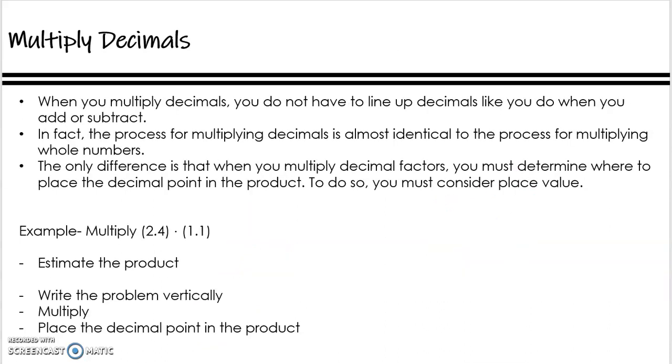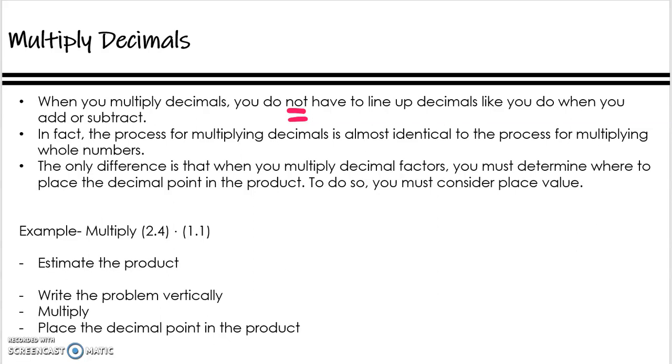When multiplying a decimal by another decimal, you're going to follow the same steps, okay? You do not have to line the decimals up like when you add or subtract. In fact, sometimes it makes more work for yourself because you're doing a lot of zeros.